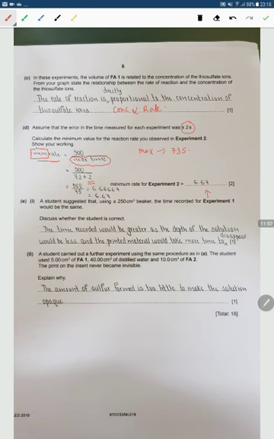Discuss whether the student is correct. Look at this question. Instead of using a 250 cm³ container, the time recorded would be the same. Yes, in that practical, the candidate did it in a 100 cm³ container, a beaker. Now, you are changing a 100 cm³ container to a 250 cm³ container.